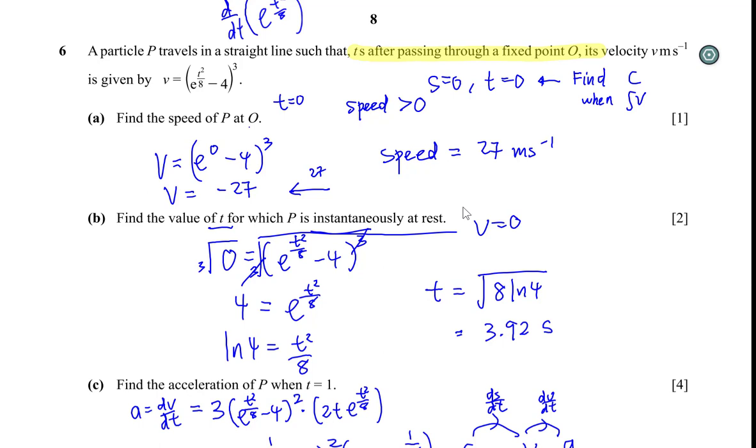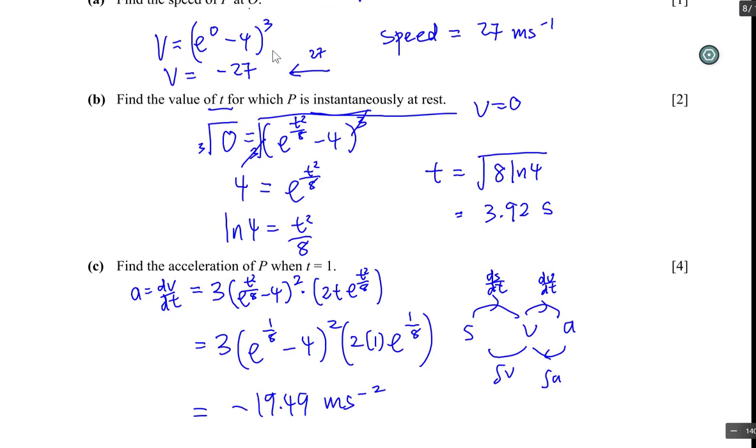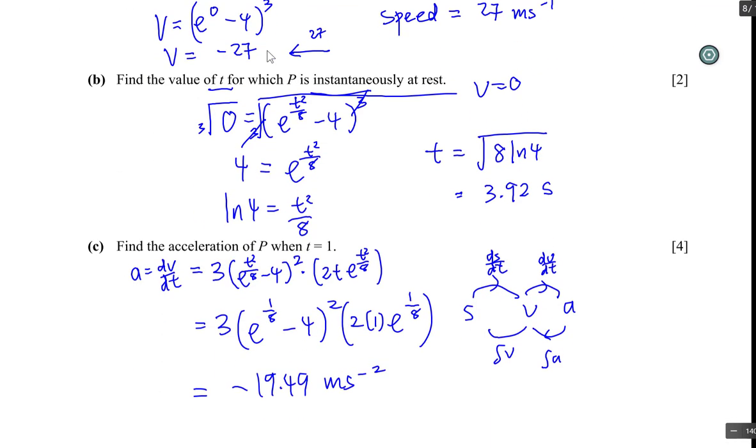So this is differentiating 1 over 8 t squared, which actually gives me 1 over 4t. 2 move to the front, minus 1. So this is 1 over 4t, not 2t, because here I wrote 2t.